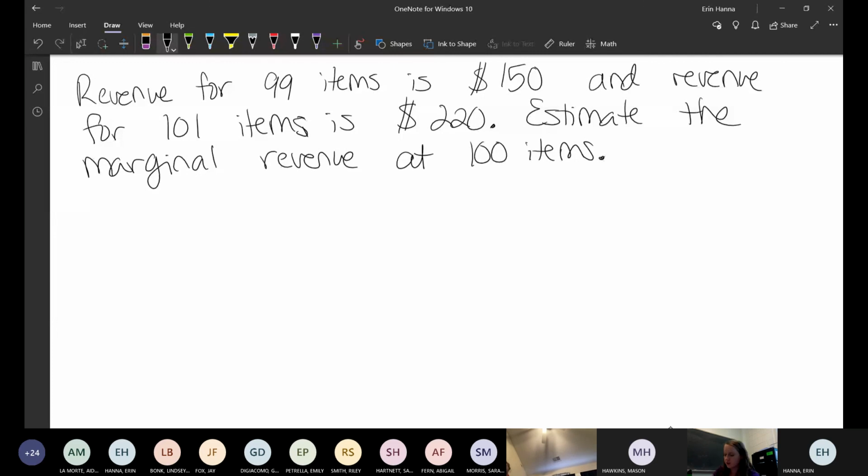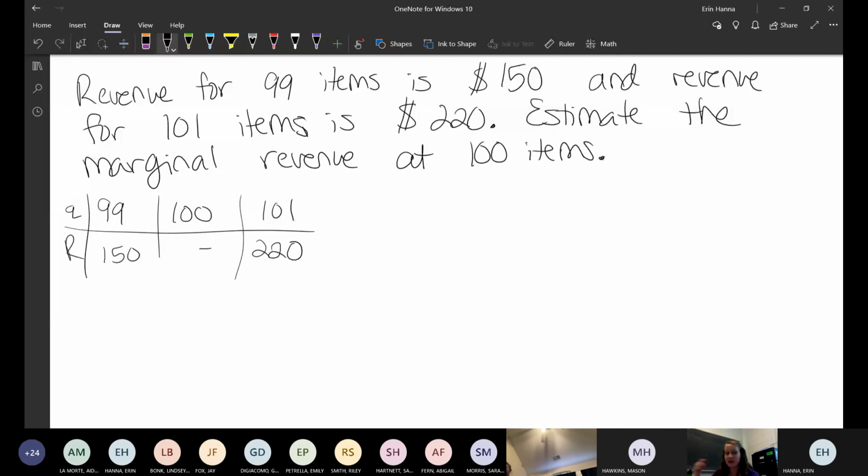So in general, when we were doing tables and we wanted to estimate the instantaneous rate of change, which remember gives us a derivative value, and the marginal revenue is a derivative, we had to take the average rate of change on both sides and then average them. Well, in this case, we can't really do that because we don't know what the revenue at 100 is. So what we can do instead is just take the average rate of change between the two sides.